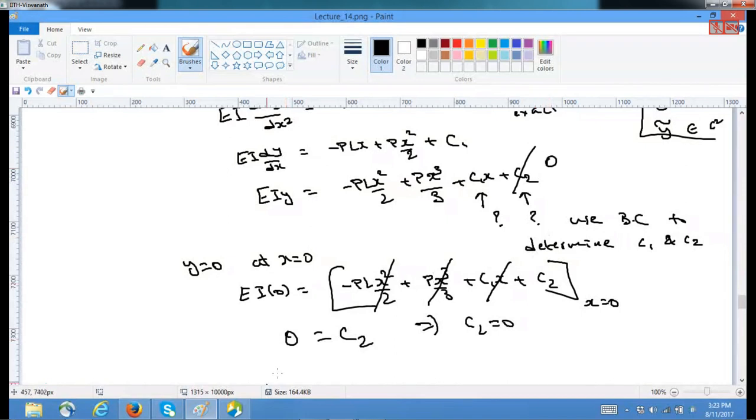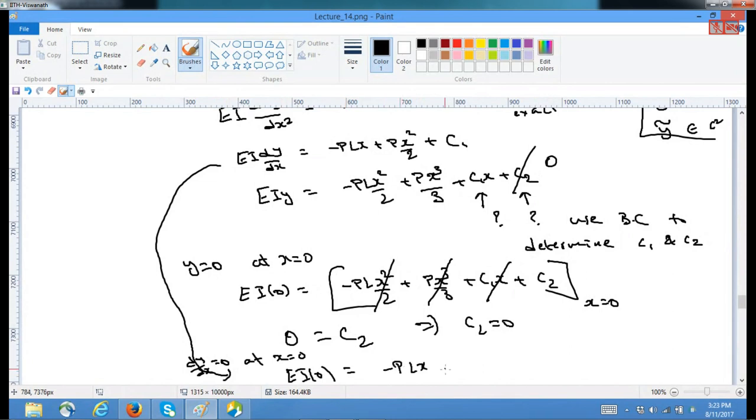Now dy by dx is equal to 0 at x equal to 0. That means I make use of this equation here. So EI into 0 is equal to minus PLx plus Px square by 2 plus c1 at x equal to 0.